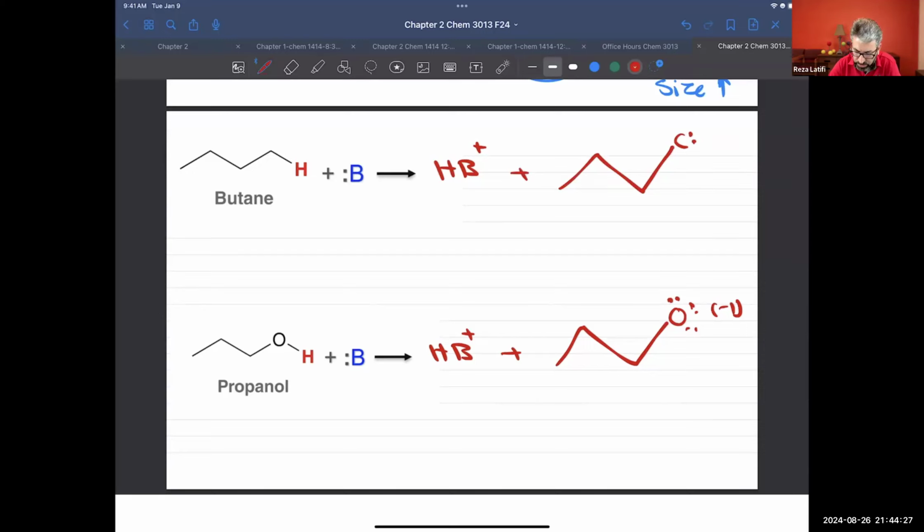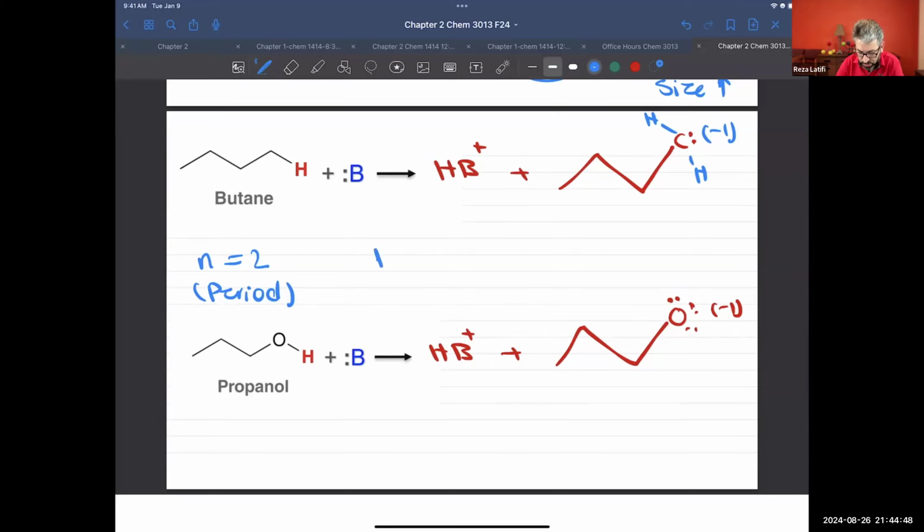Clearly, carbon has 2 more hydrogens, and we did not show them. And this one is -1. Carbon belongs to the second period, and oxygen as well.